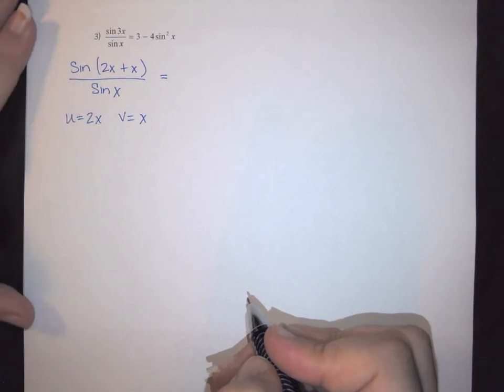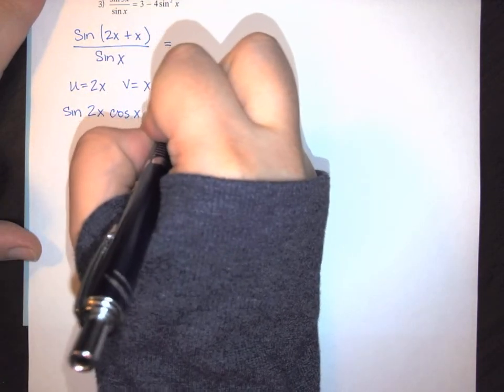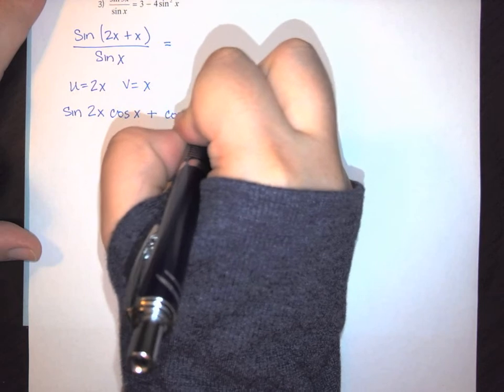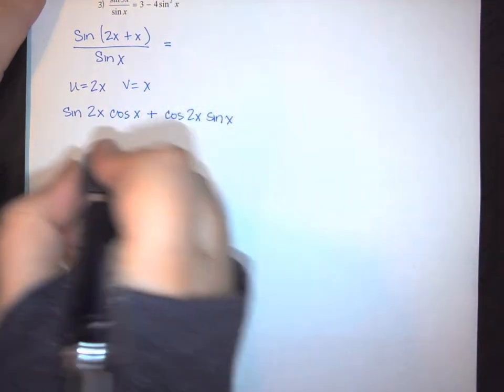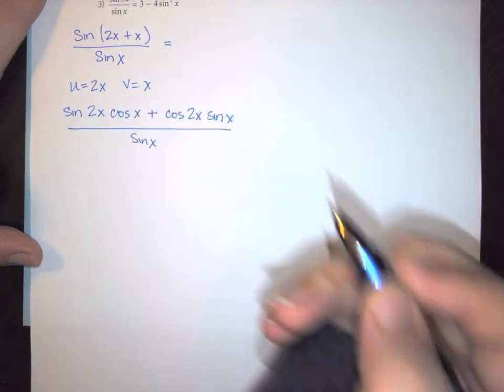In this case, it's the sine formula for a sum. So here, this is going to become the sine of 2x, the cosine of x, plus the cosine of 2x, the sine of x. And this whole thing is still over the sine of x.